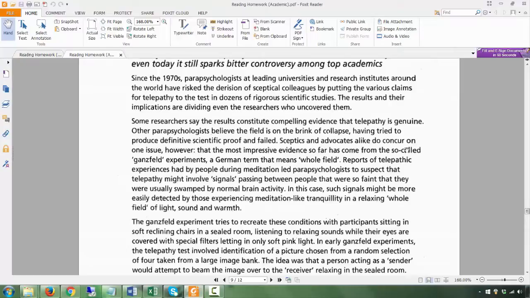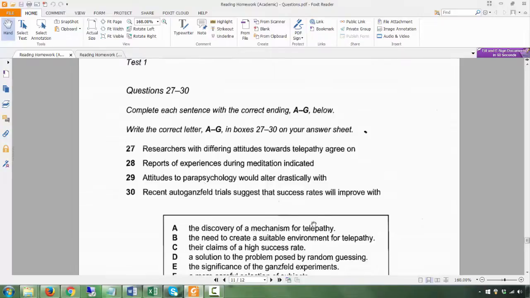They concur on one issue, however, the most impressive evidence so far has come from the so-called Ganzfeld experiment. So the significance means the importance of the Ganzfeld experiments. They agree on that, the importance of it.